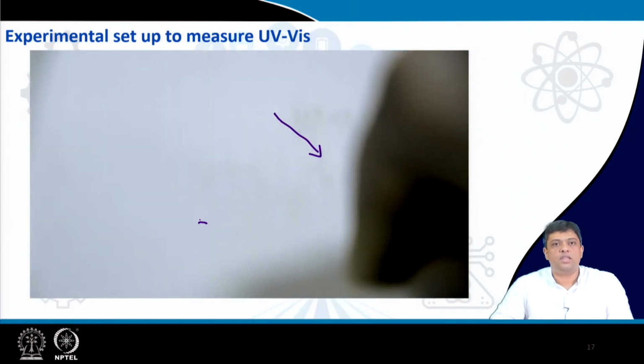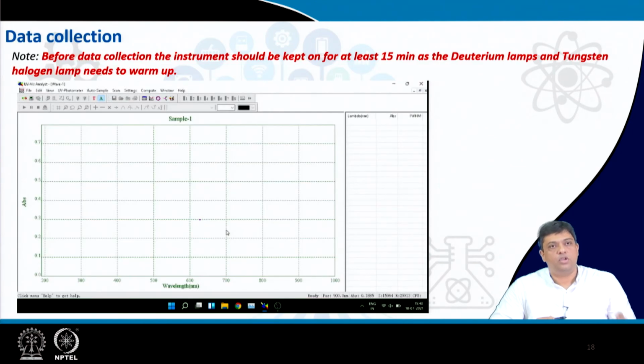After you have installed the sample in the sample holder, you close the lid and run the program. Once you have closed the lid, you set the program or experimental conditions. You define the range in which you want the absorbance, and then you run the scan.